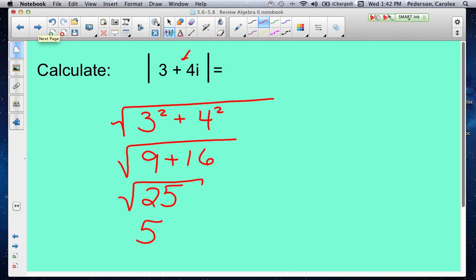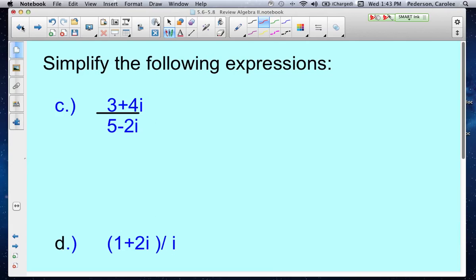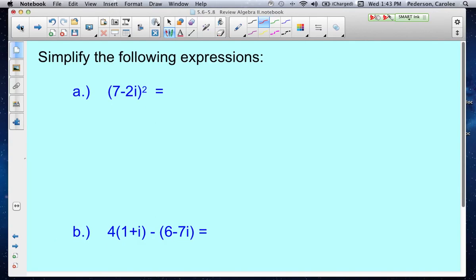What other things are you shaky on? How about we could do one adding with the complex numbers? Yeah. Sure. And one multiplying with the complex numbers.